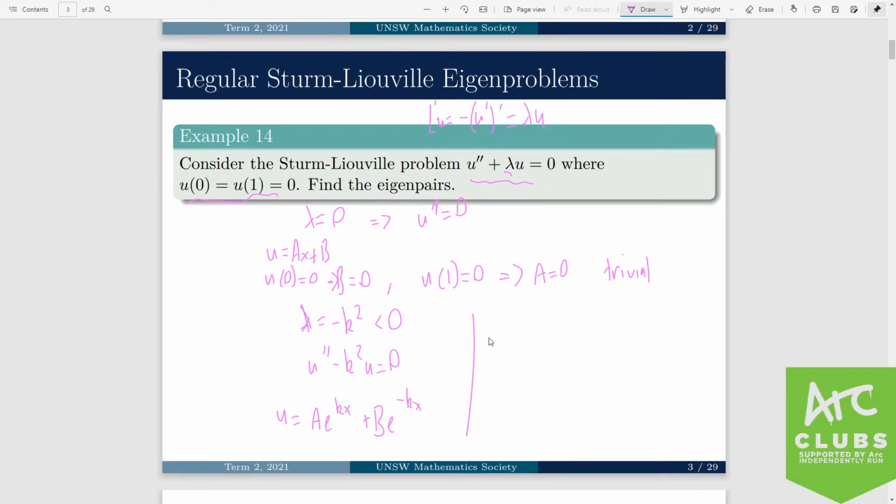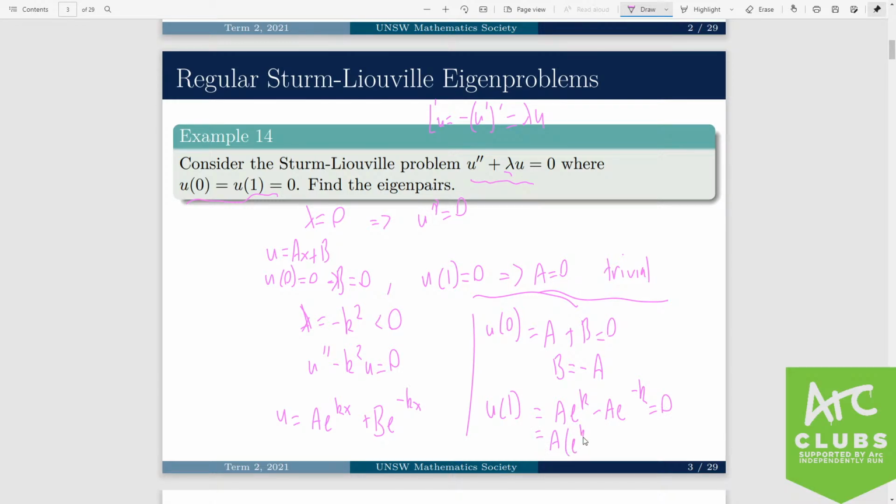So once again, we sub in the boundary conditions. So u of 0 is equal to a, e to the 0 is just 1, so just a plus b. That's equal to 0, so then we can write b as minus a. And then if we sub in 1, that equals a e to the k, and b is minus a, so minus e to the minus k, and that's equal to 0.